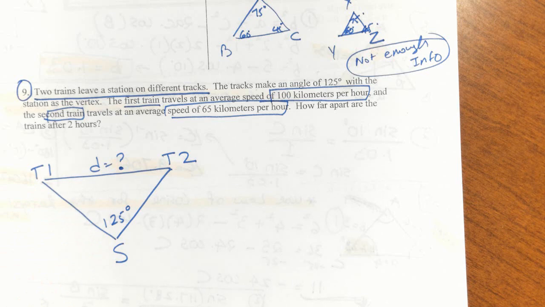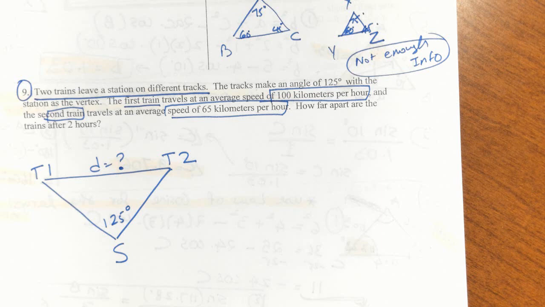Is everybody okay with this diagram? Like I said, the diagram a lot of times is the main thing. Even if your diagram looks different, as long as you made 125 degrees between the two lines that lead to the station, you're good.